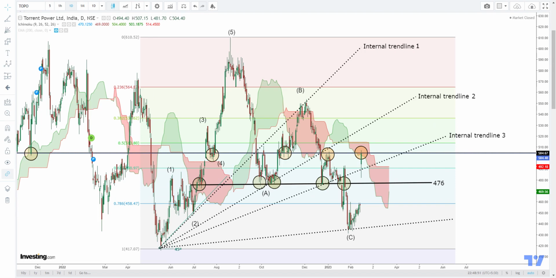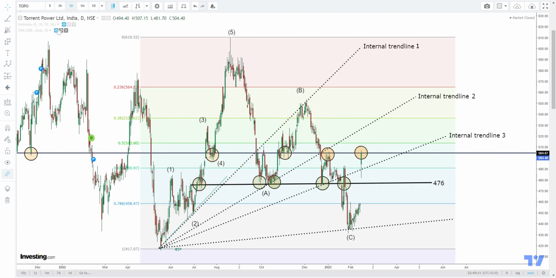So there is some resistance still, because the first resistance I discussed earlier was that it closed exactly at this area, 504. Correct. And the price is still well within the red Kumo. So let the future Kumo come and make a crossover and make it a green Kumo, and then if it breaks, there will be a sentimental boost confirmation in the trend with respect to Torrent Power's future move.